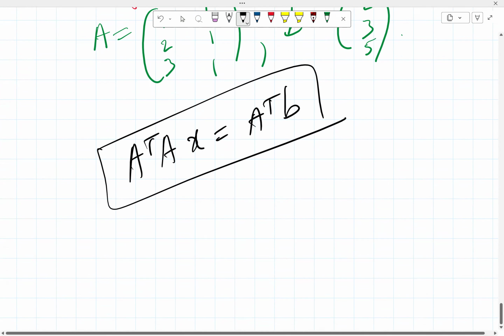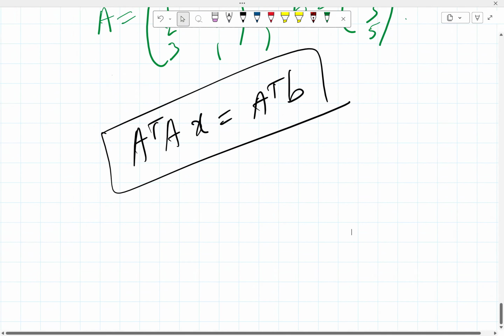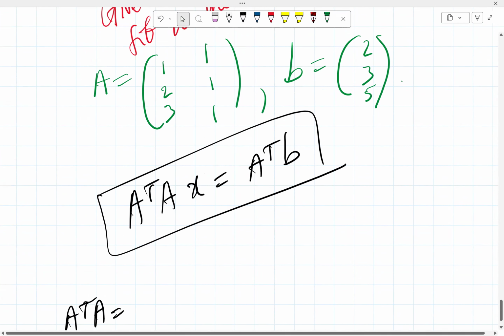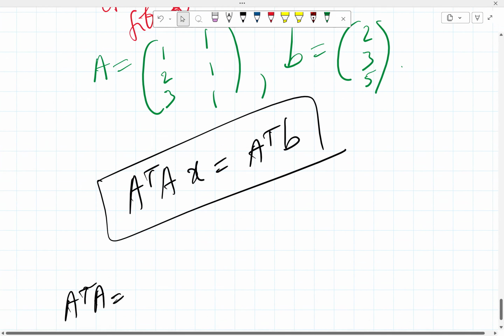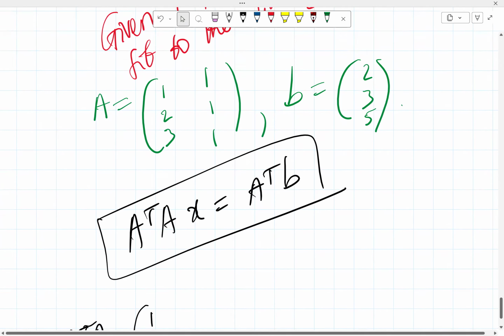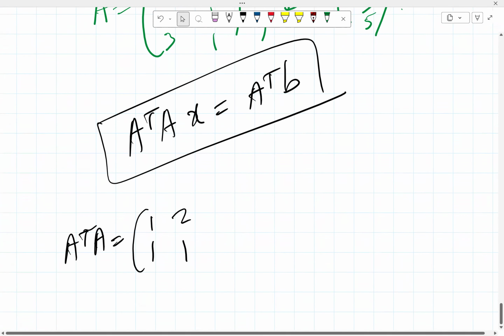So we already have A. So A transpose A, because if this is A now, then A transpose is just the transpose of A. So the first row becomes column 1: first row is 1, 1, it becomes column 1. Second row becomes column 2. Third row becomes column 3.